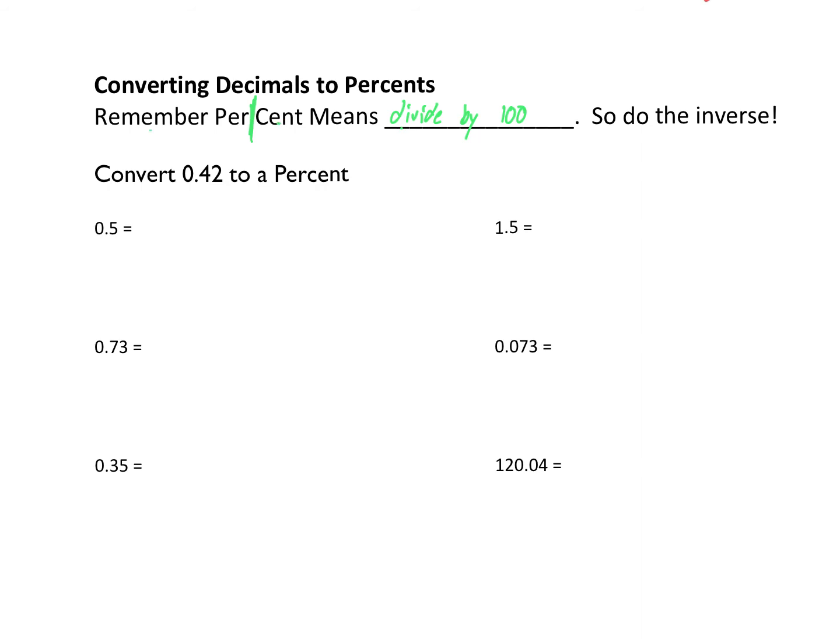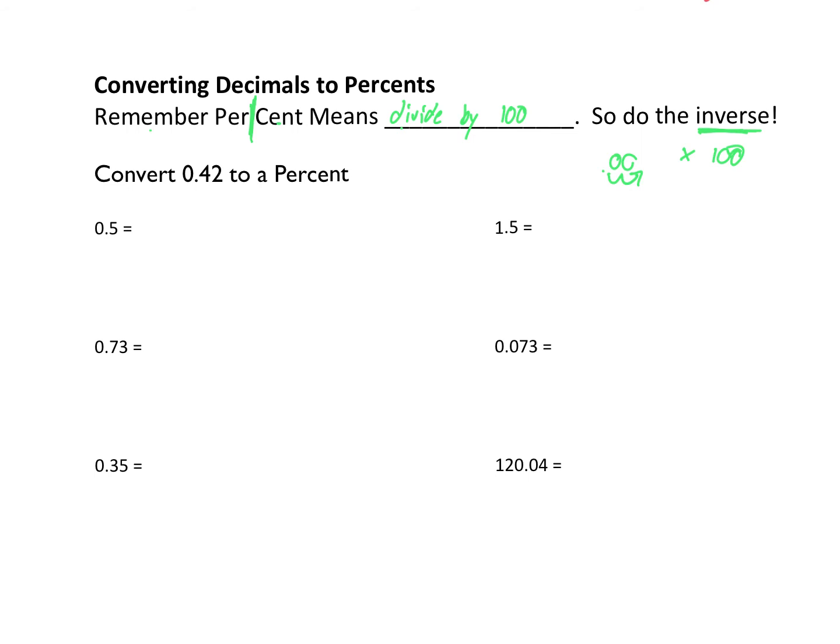So instead of dividing by 100, we're going to do the inverse. What's the inverse of dividing? So we're going to multiply by 100. Okay? And as you know, when we multiply by 100, we're basically just moving the decimal 2 spots right. We might need to annex some zeros sometimes.